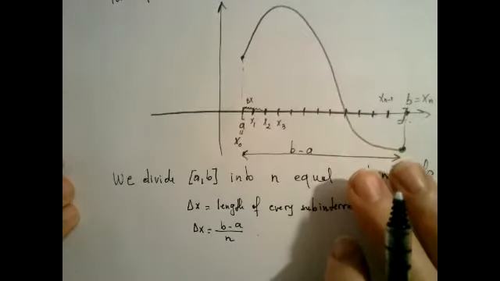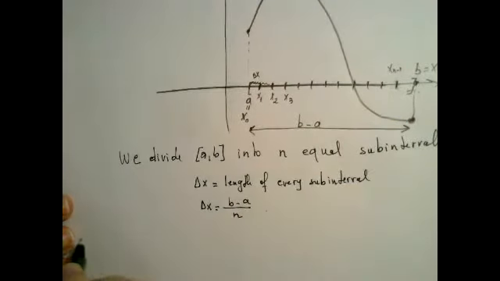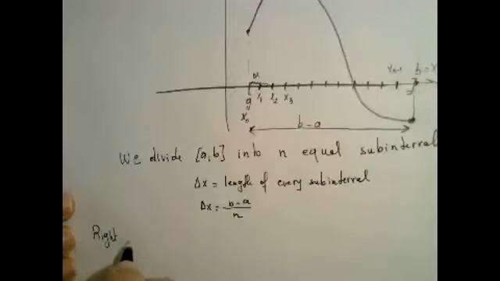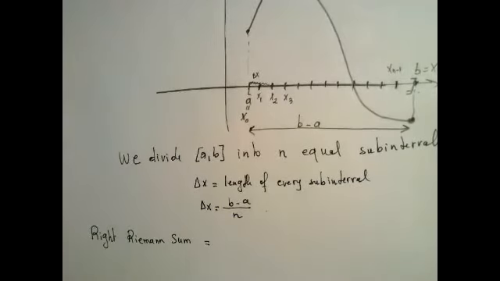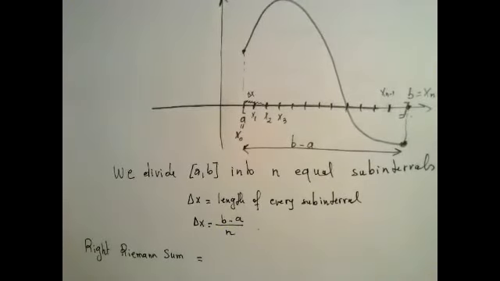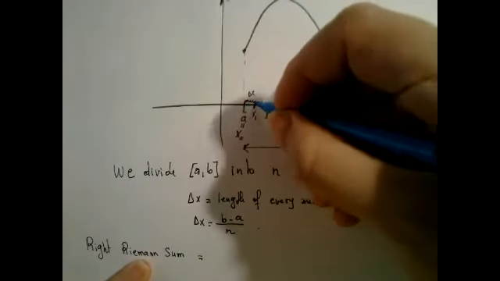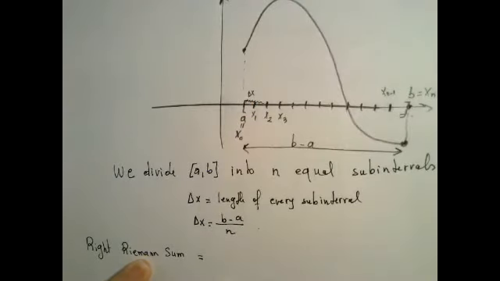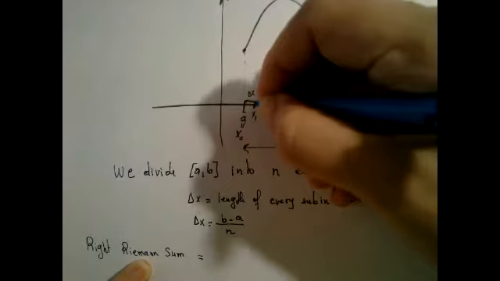Now, what's the definition of the right Riemann sum? There is something called the left Riemann sum, but I'm not going to do it because it doesn't really matter. So the right Riemann sum, or sometimes I will call it only Riemann sum just to simplify, is defined as follows. We take the subinterval from a to x1, and we consider the following.